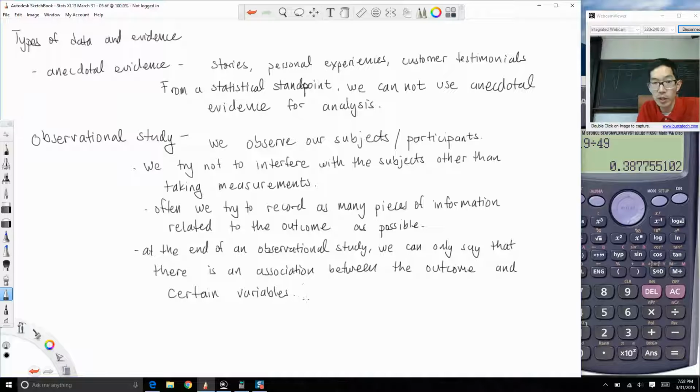We cannot say that a particular variable causes a particular outcome.